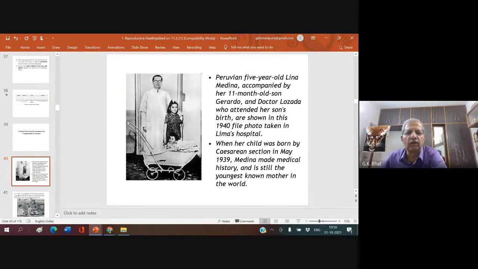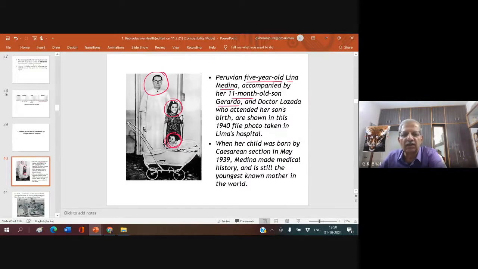I don't know whether you are aware, whom you see here, this is the baby of this girl. Peruvian 5-year-old Lena Medina, accompanied by her 11-month-old son, Gerardo. And this is the doctor who attended her son's birth.